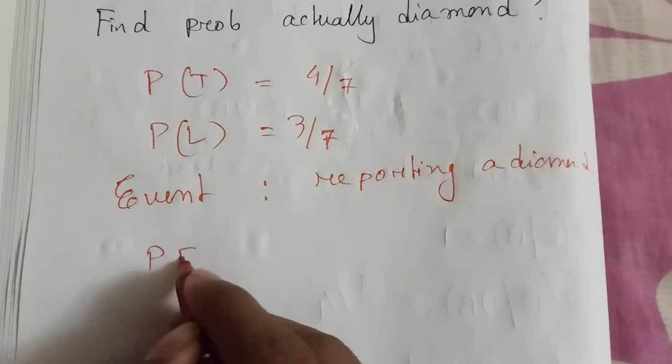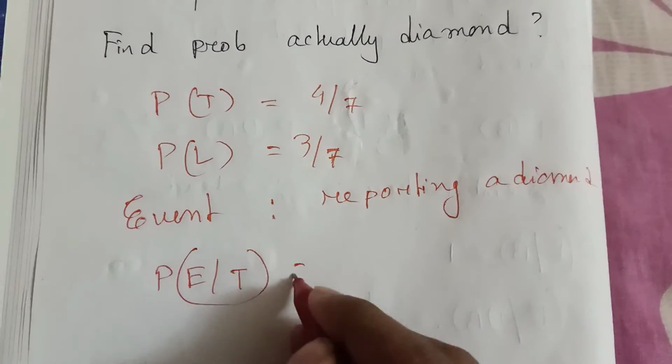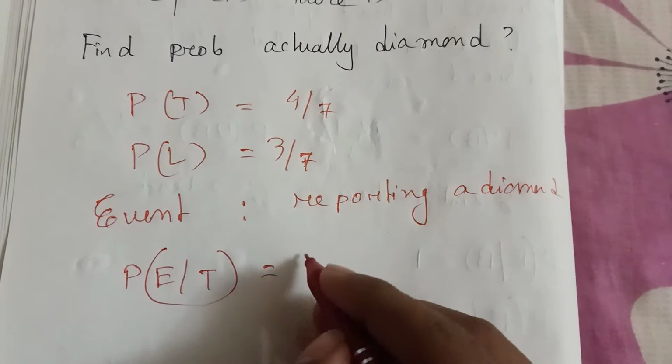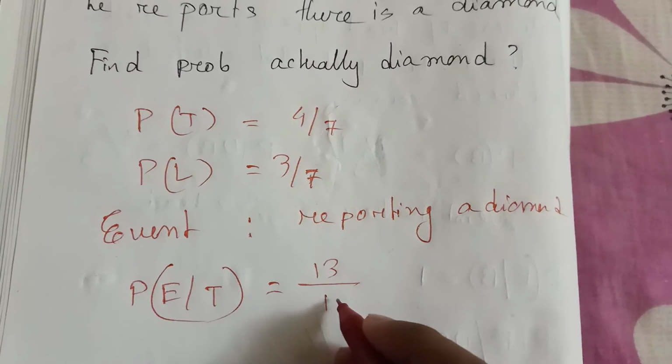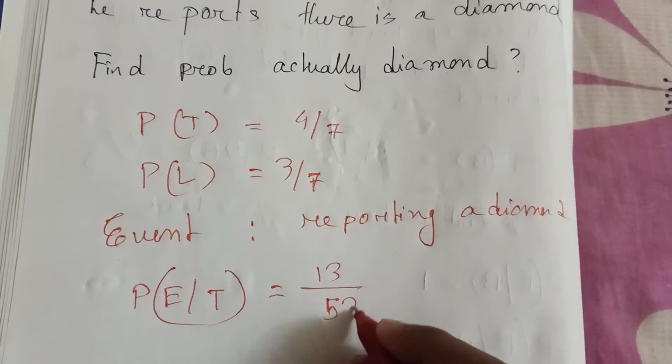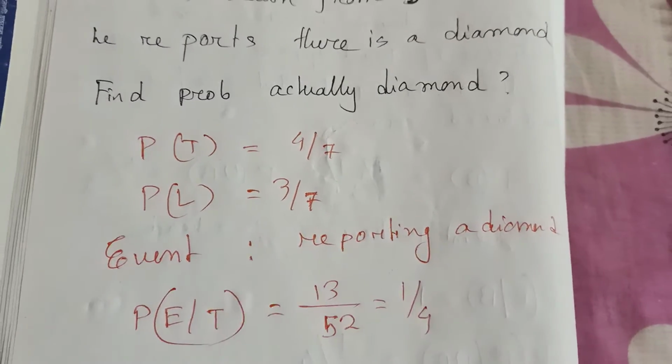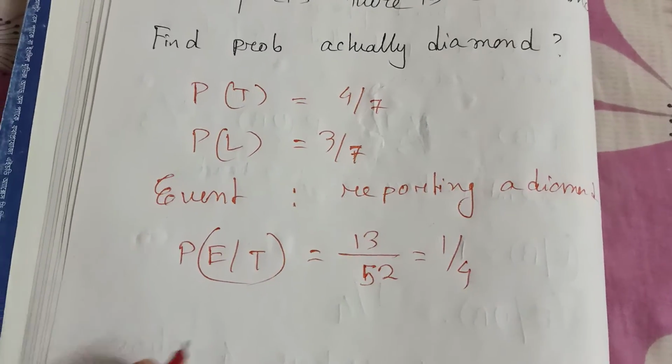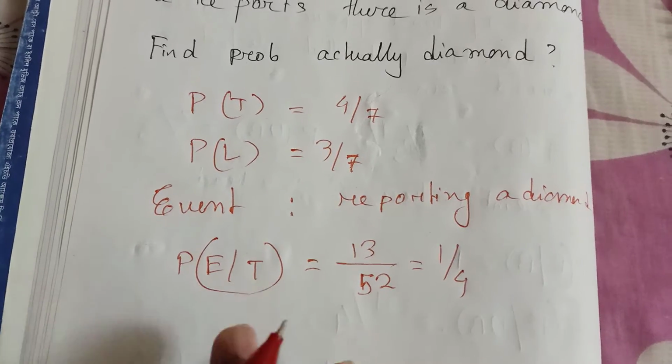So the probability of E given T is 13 by 52, which is 1 by 4, because there are 13 diamond cards out of 52 cards.